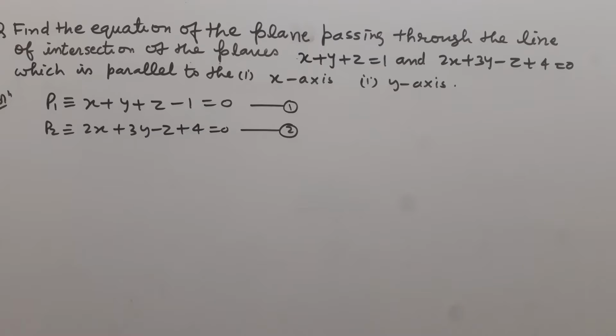planes. And we know that the equation of the plane passing through the line of intersection of the given planes P1 and P2 is P1 plus lambda times P2.